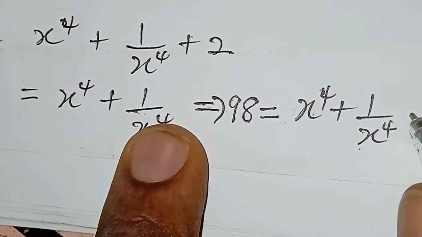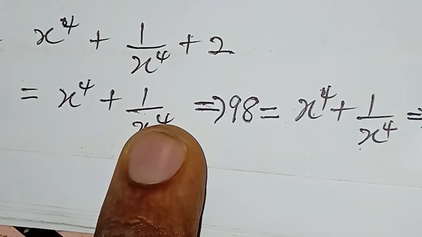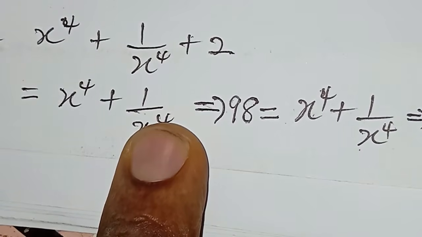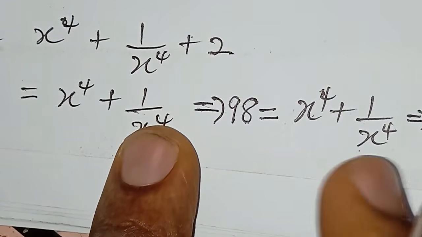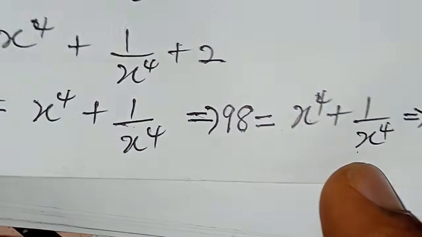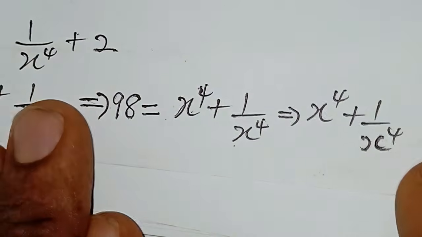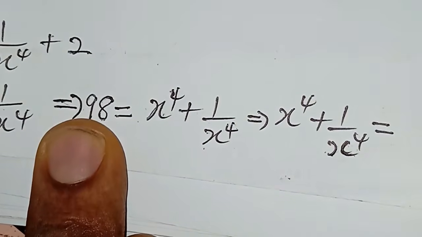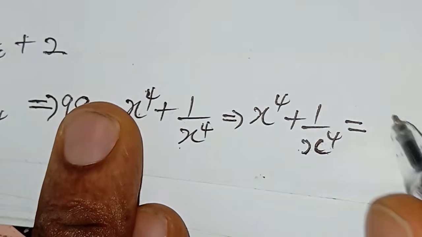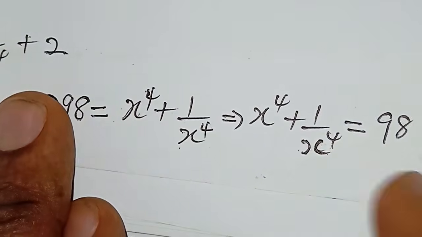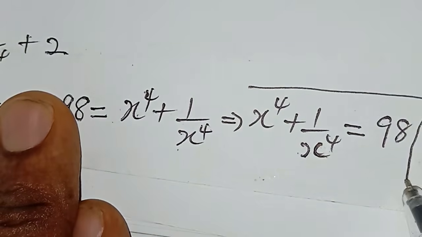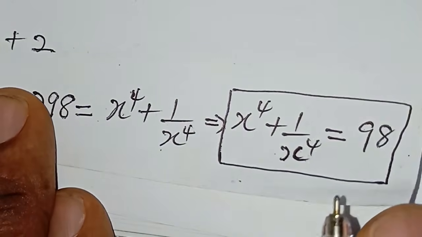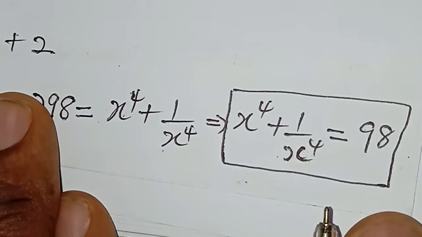So, which is also written as x to the power of 4 plus 1 over x to the power of 4 is equal to 98. And that's the value we asked to find for the fourth power.